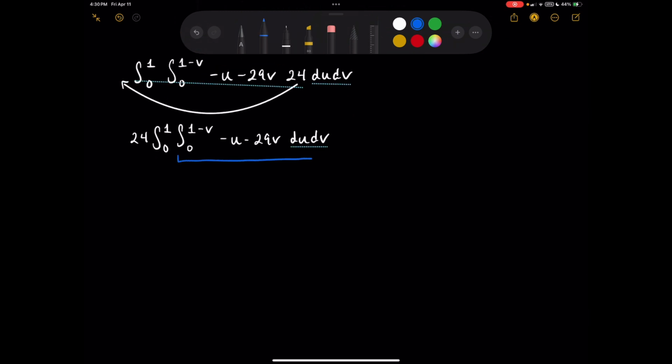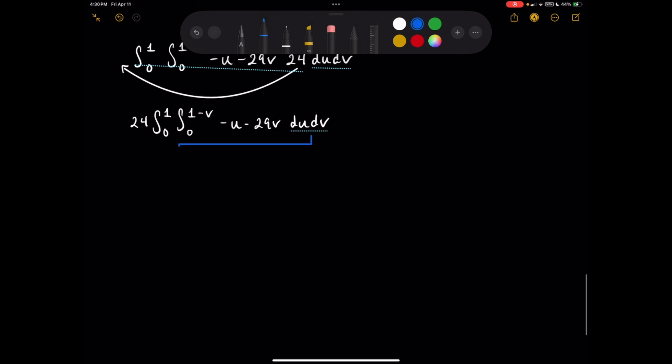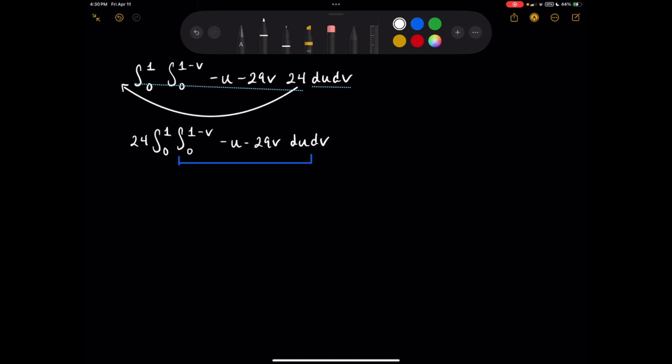Our inner integral, let's solve that first. So I'll just mark that by doing a side work here. So we're going to do the side work of the integral from 0 to 1 minus v of negative u minus 29v du.